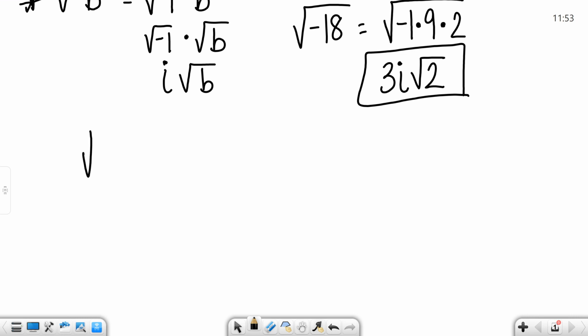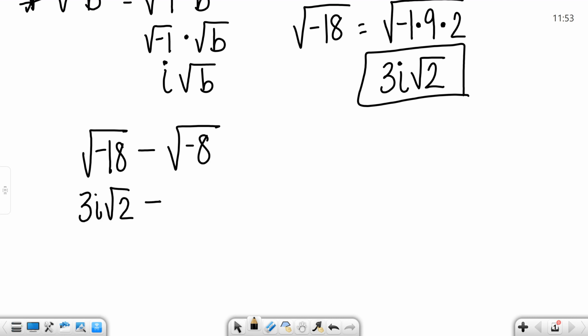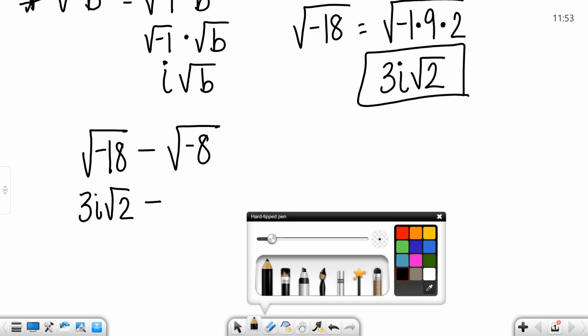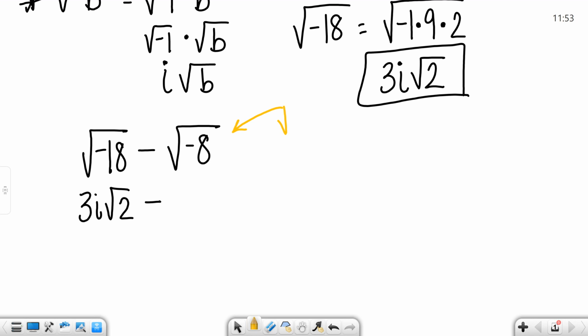Let's say I have the square root of negative 18 minus the square root of negative 8. Well, we just did the square root of negative 18, and we got that it was 3i on the square root of 2. Now I need to do the square root of negative 8. I'll do it off to the side. I know that's negative 1 times 4 times 2.